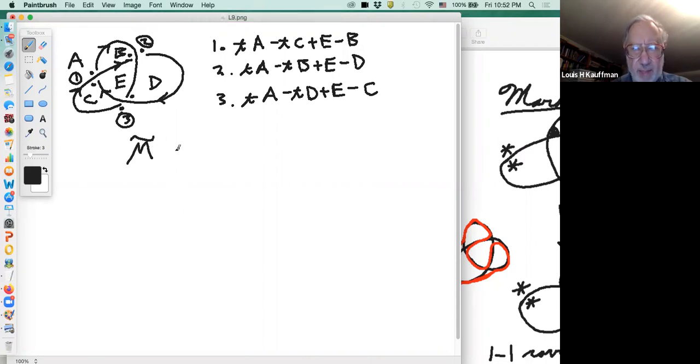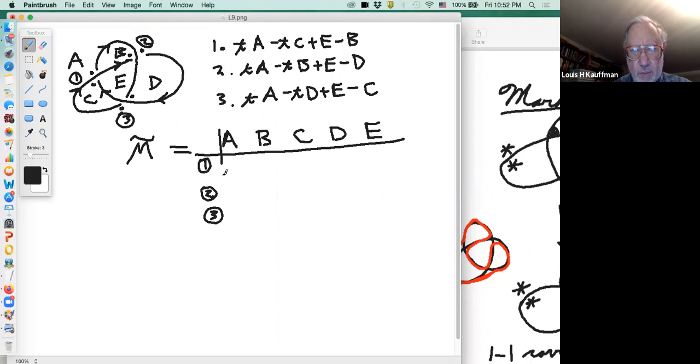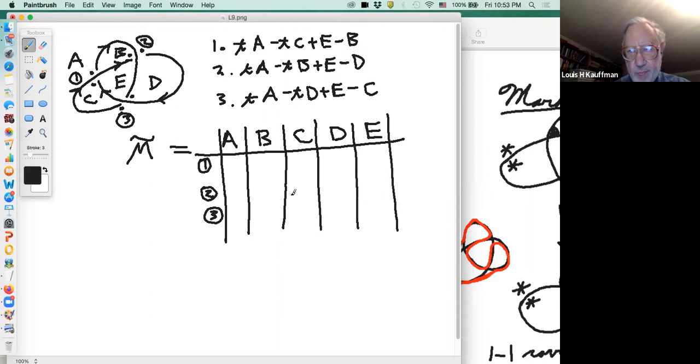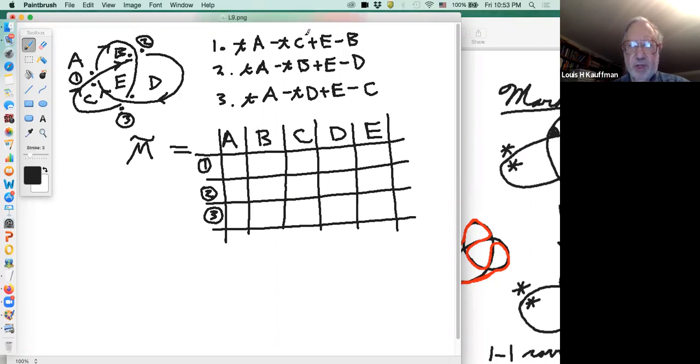I'll call it M tilde. So my matrix is going to have columns corresponding to the regions and rows corresponding to the vertices. And of course, we're just going to transcribe these.